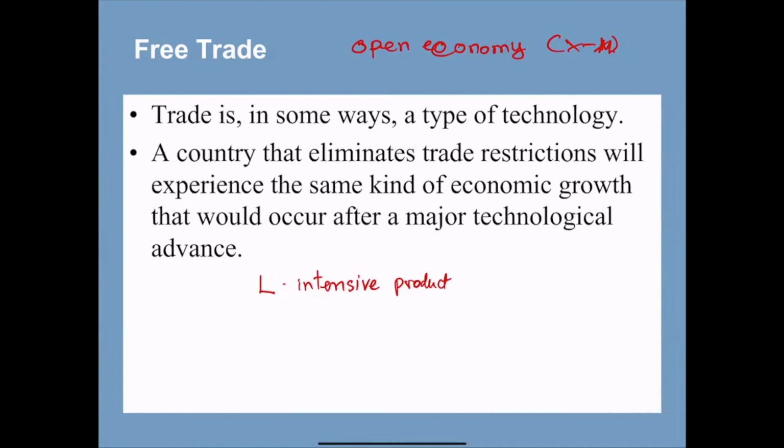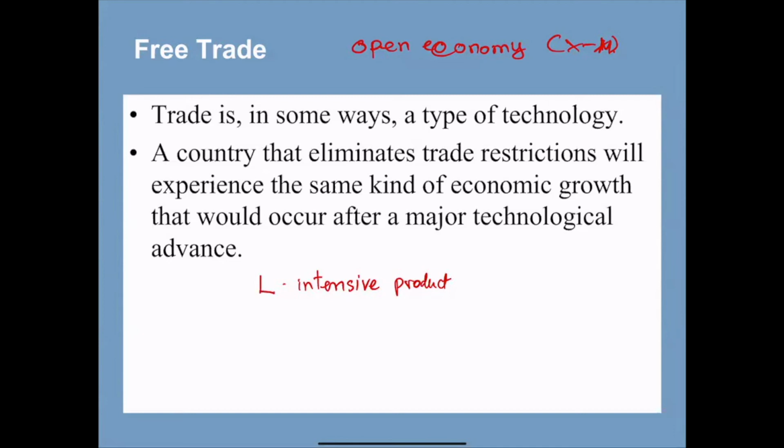When we are in the open economy, we do not only import consumer goods, we can import capital goods as well, right? The country can export the products that they have comparative advantage in. And second, they can import the things that they cannot produce, but those products like equipment are embedded with better technology, right?